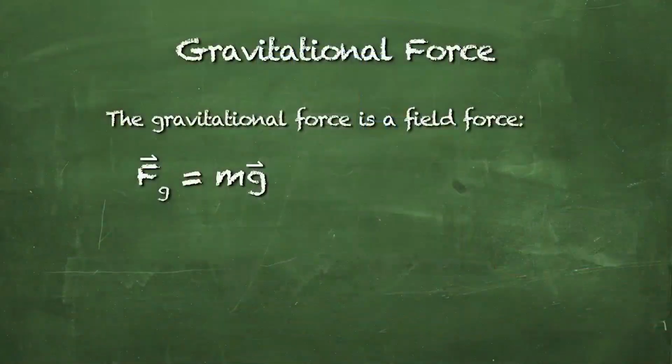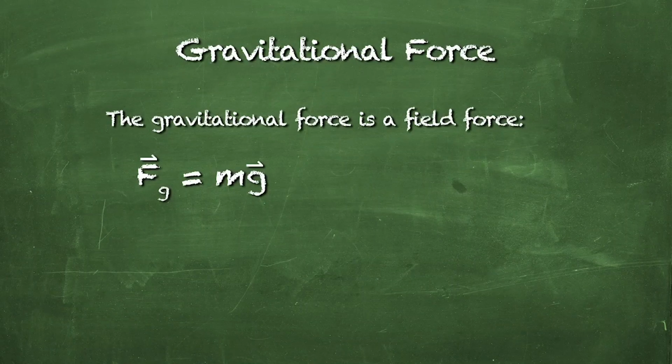Now let's look at the equation for the gravitational force. The gravitational force vector is equal to the mass of the object feeling the force times the gravitational field vector.